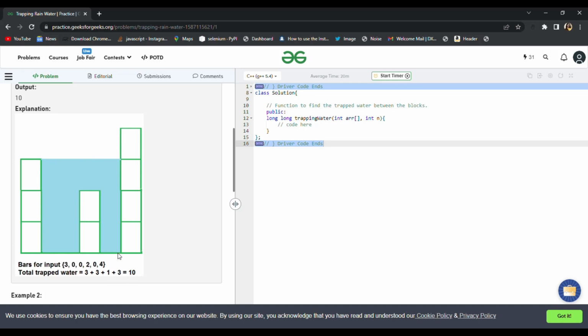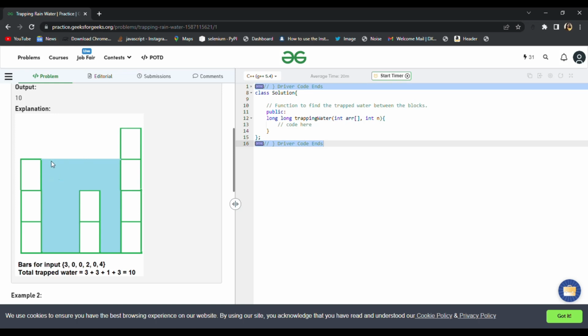Okay. So now comes the next block, that is the block which is having a height of 2. So how much water can we store over here? Again, we need to follow the same procedure. We need to find the block of maximum height on the left side and on the right side. On the left side, it is 4 and on the right side, it is again 3, right?